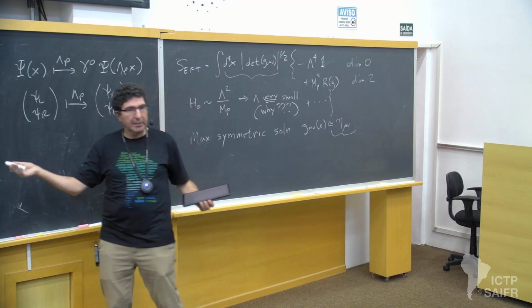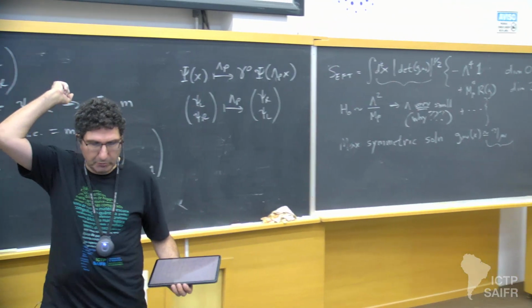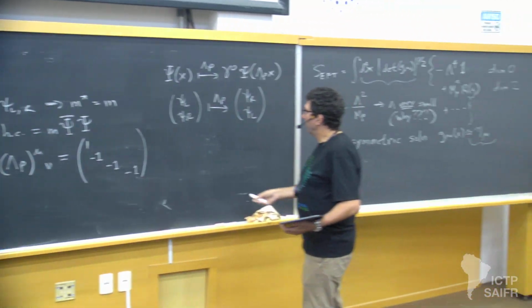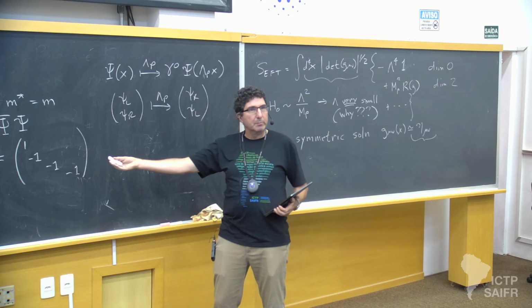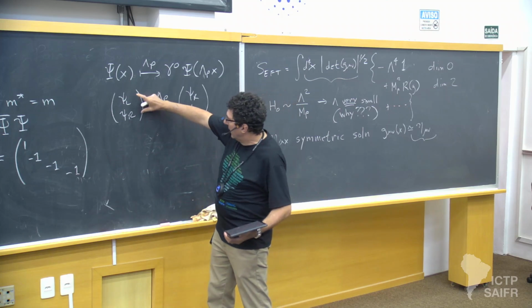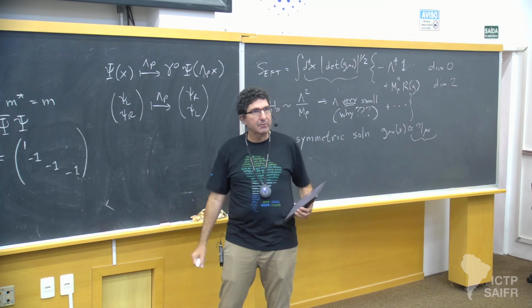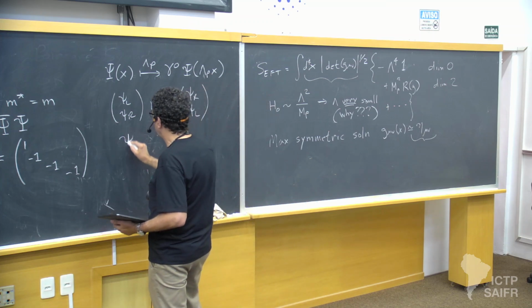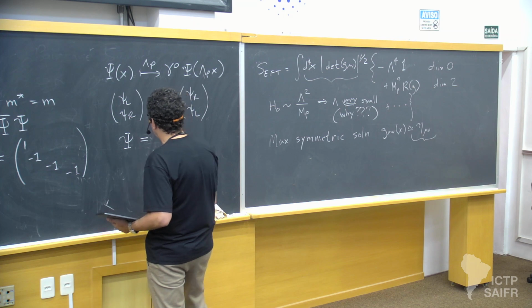Usually, if I mess up the index structure, somebody comes over with a hammer and starts hitting you, right? Well, remember, I've extended the Lorentz group, okay? And it actually mixes the left and right-handed guys, or reverses them, okay?